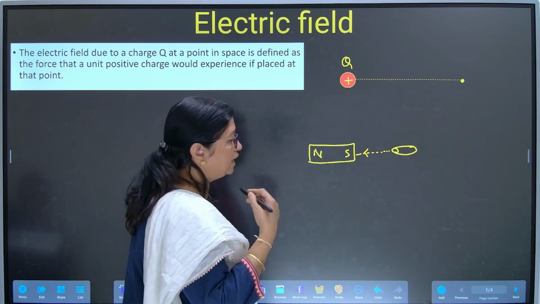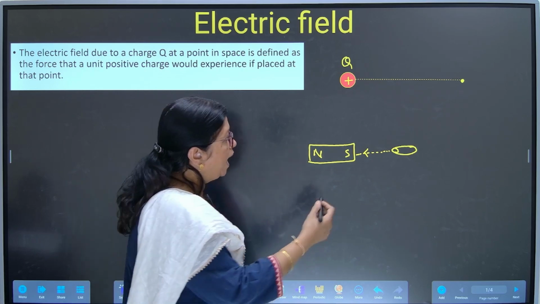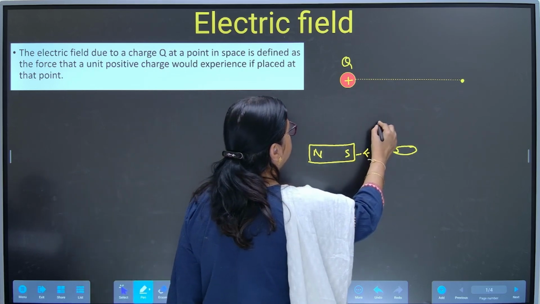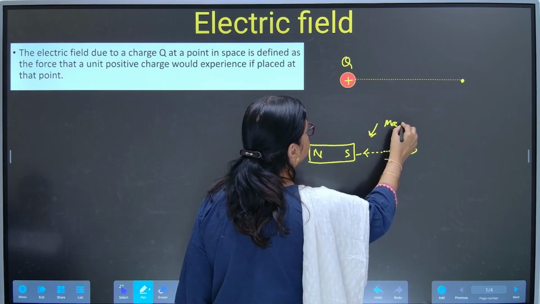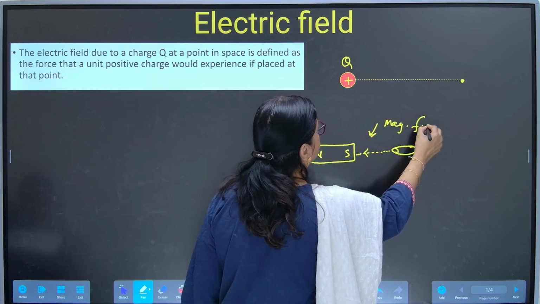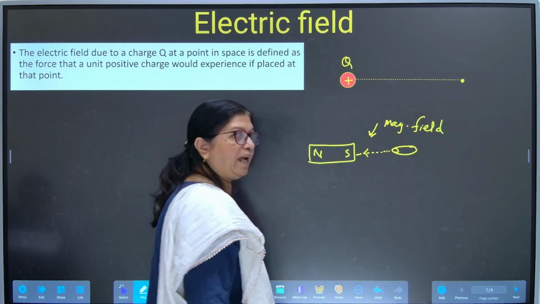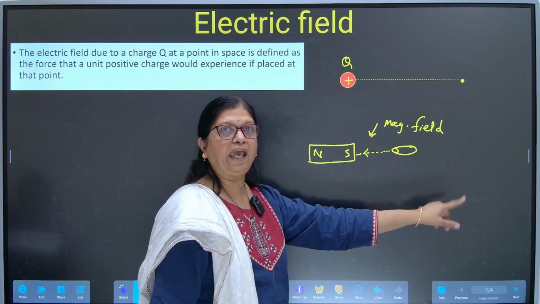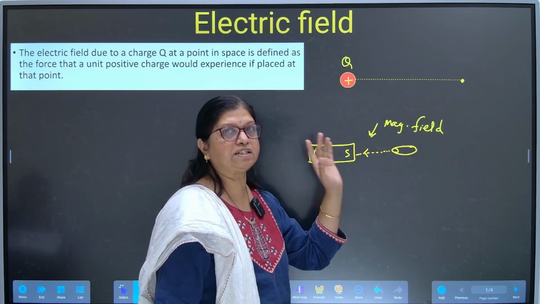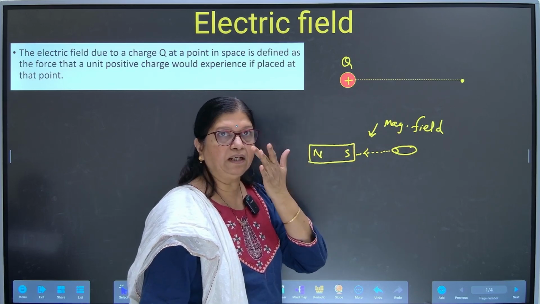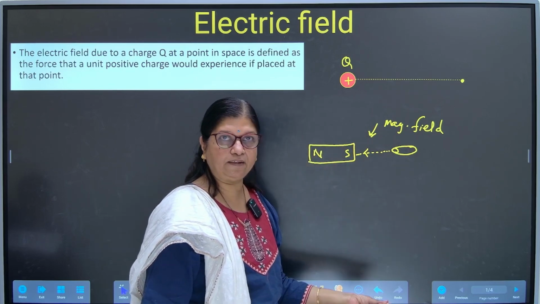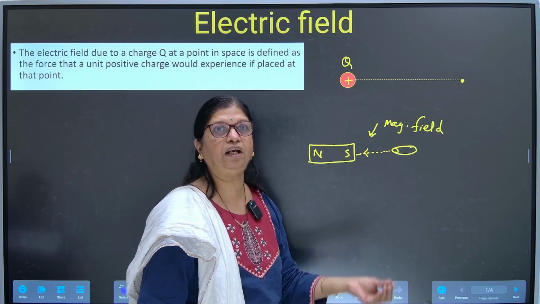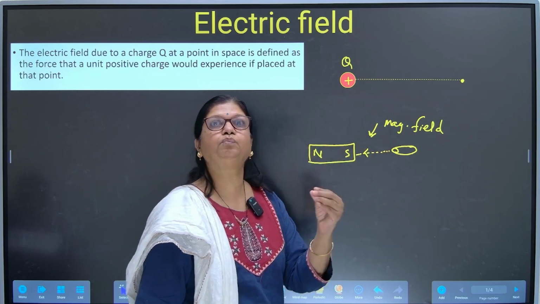So, to understand why this has happened, we said that there is a magnetic field which exerts a force on this pin and makes it attract towards the magnet. Correct? So, around the magnet, there is a magnetic field due to which this pin moves.